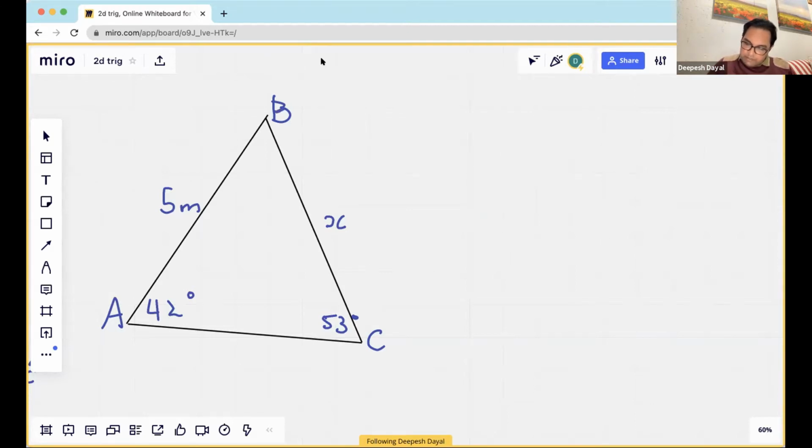So remember this one, what did we say? We have two angles and one side, and we look for the missing side. So usually under these circumstances, two angles, one side, look for the missing side, we usually use the sine rule, right?